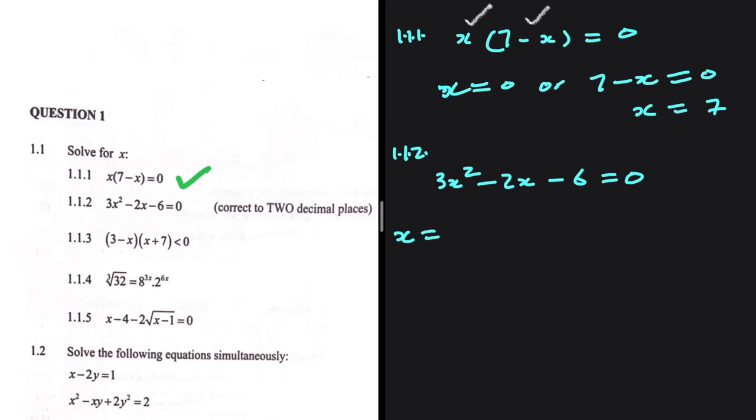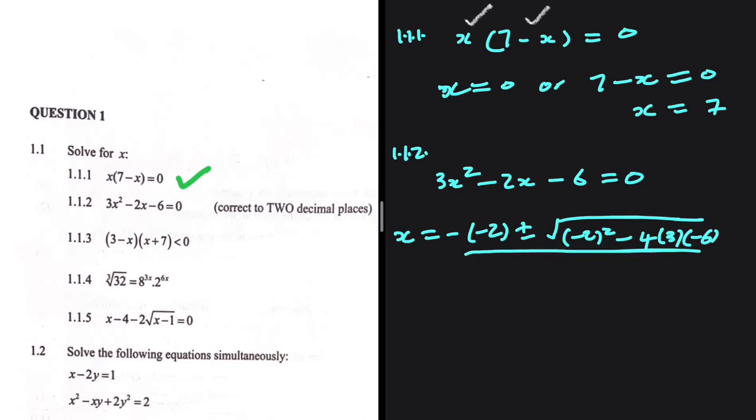That is x equals minus b, which is minus 2, plus or minus the square root of b squared. So we have minus 2 squared minus 4ac. The value of a is 3 and the value of c is minus 6.